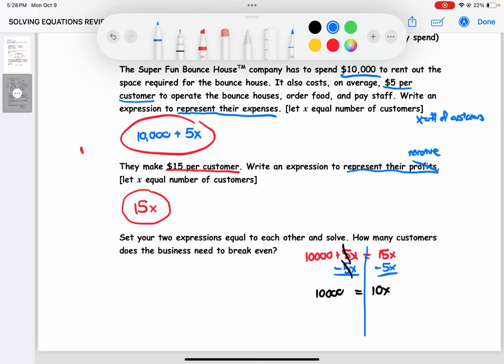And the opposite of multiplying by 10 is dividing by 10. And so it will take me 1,000 customers in order to break even. 1,000 customers to break even. And I'm done.